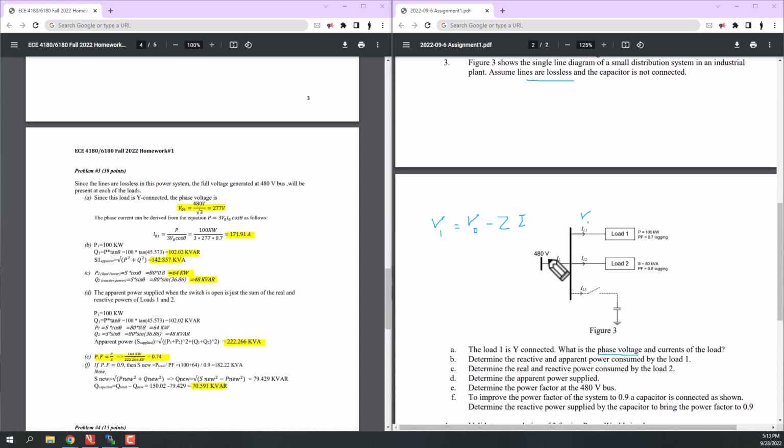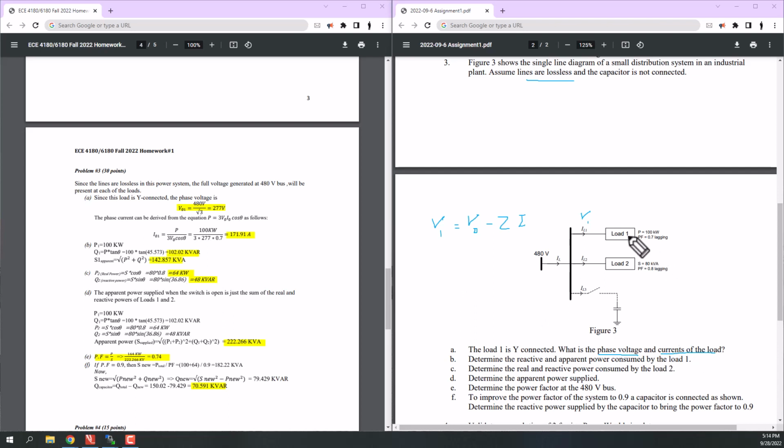But this voltage is the line voltage, and in the question we are asked to calculate the phase voltage. So we have to divide 480 by the square root of 3, which gives us 277 volts for the phase voltage of this bus, or actually all of these buses. After that, we are asked to calculate the current.